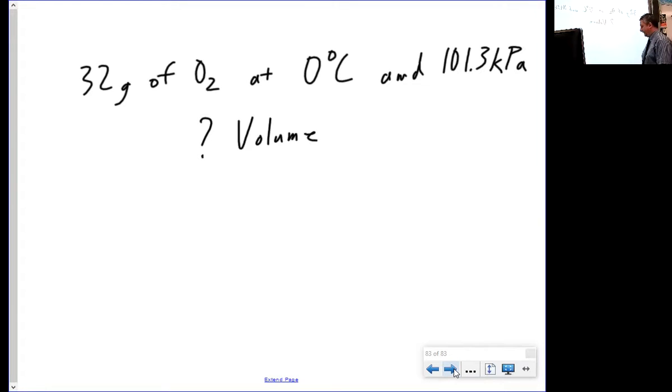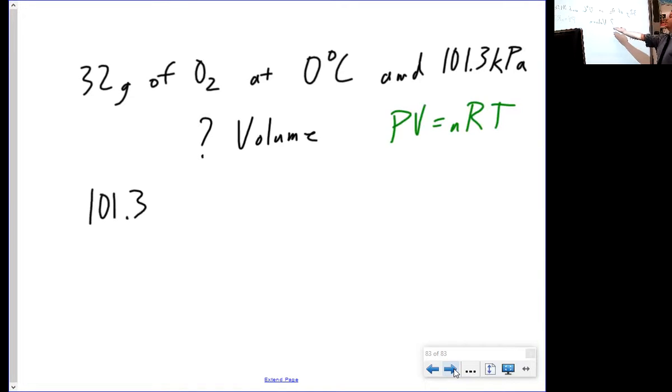So it's just a matter of plugging everything into this nice, pretty formula right here. PV equals nRT. All right, P is pressure, 101.3. V is volume. That's what I'm looking for. So I'm just going to put V. N is number of moles.